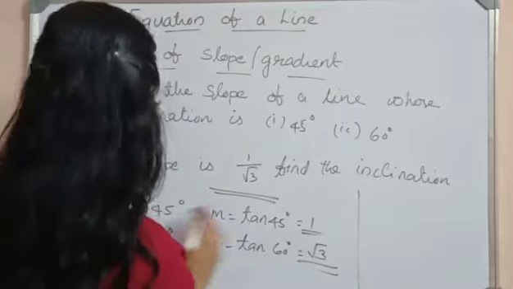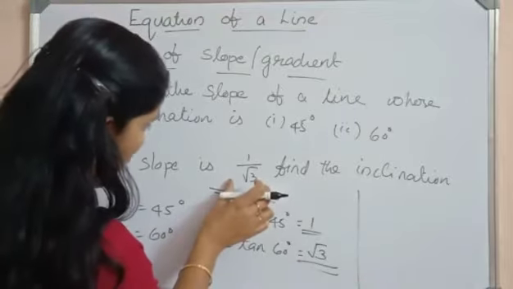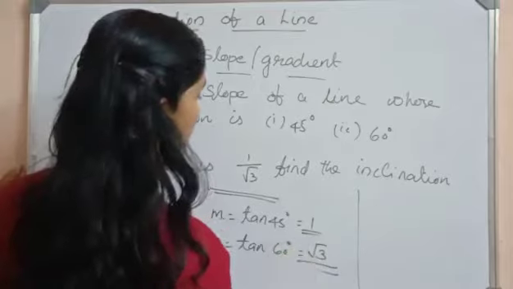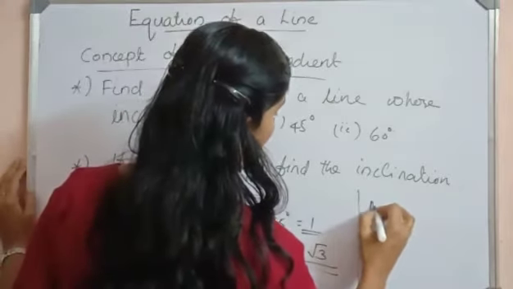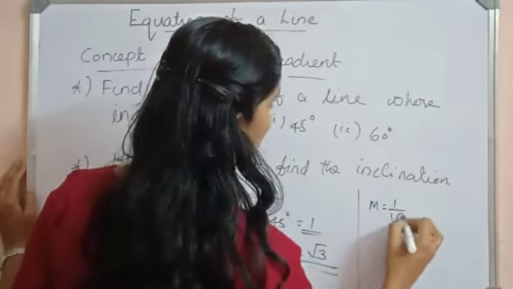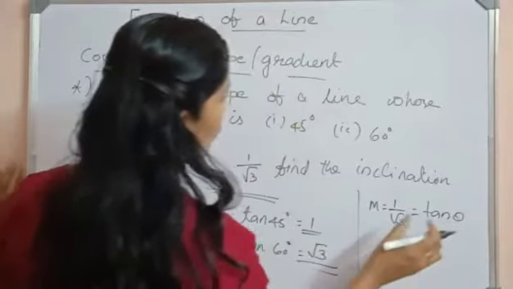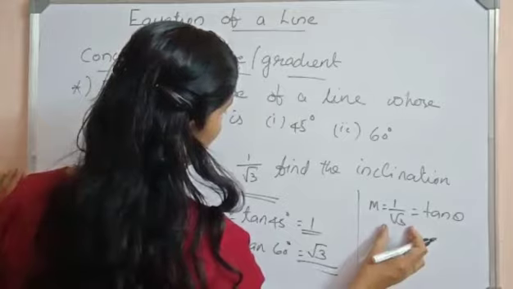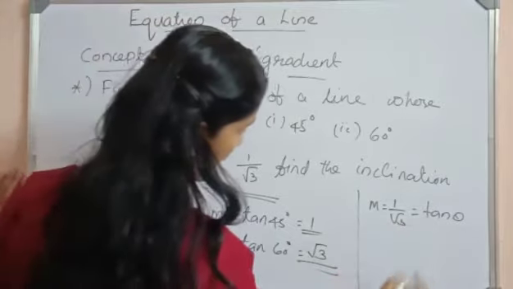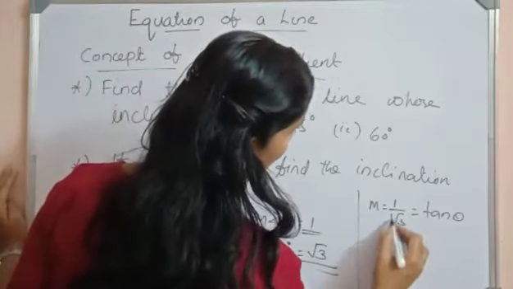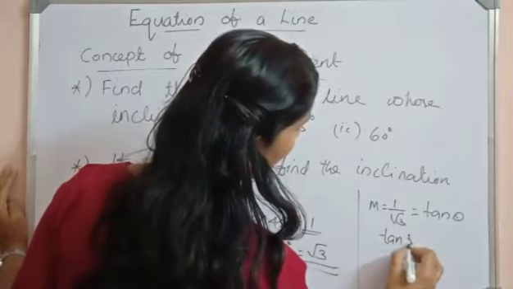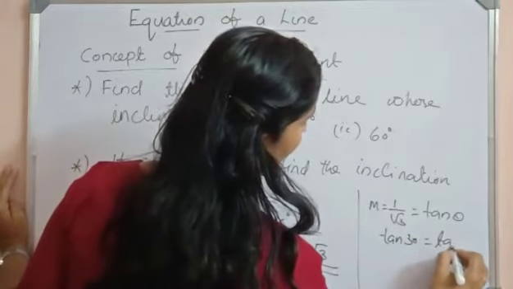In the same way, if the slope is given as 1 by root 3, find the inclination. So we can say that m, that is slope, is equal to 1 by root 3, and that is the same as tan theta. And for what angle is the tan value 1 by root 3? It is 30 degree. That is, 1 by root 3 is tan 30, and that is equal to tan theta.